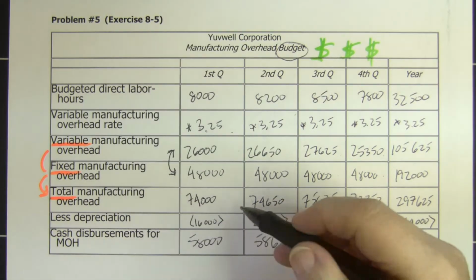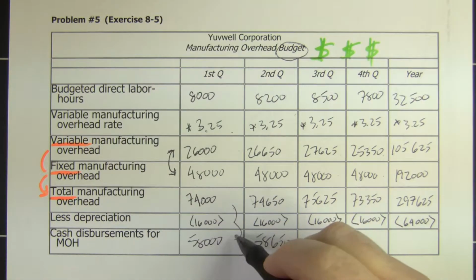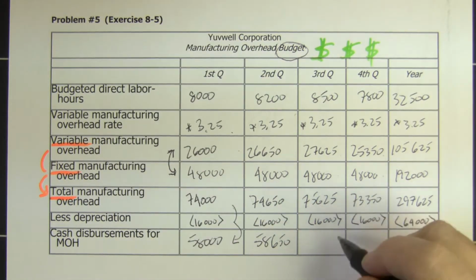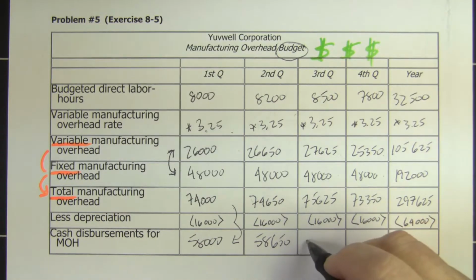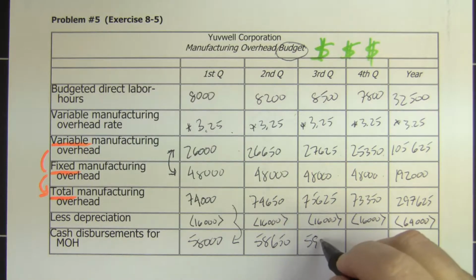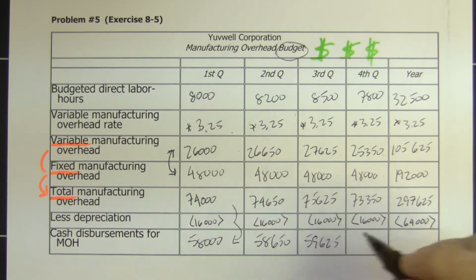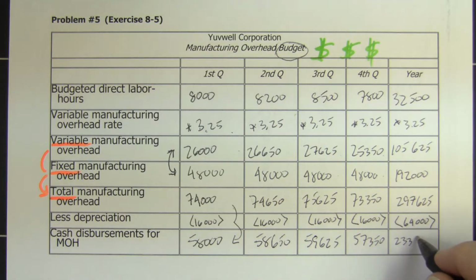And all I'm doing is subtracting these two to come up with that. 59,625. 57,350. And 233,625.